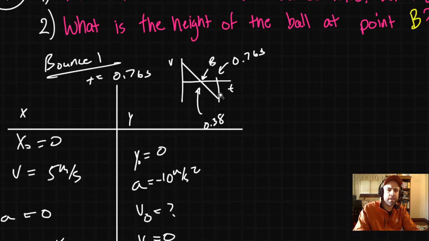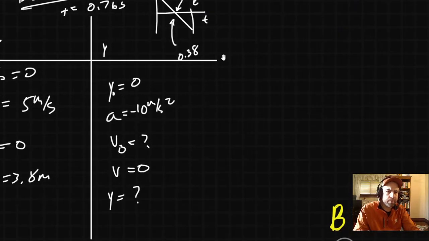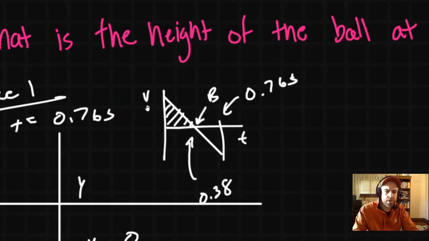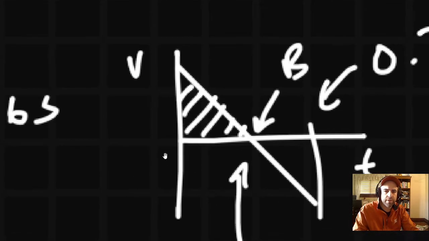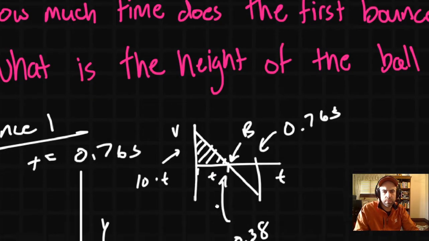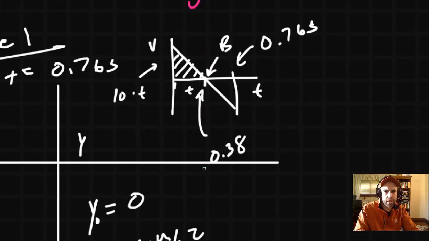So I'm going to do this one graphically. Graphically, I know that the area of this triangle will be the height of the ball. I also know that because this is gravitational, the height of this triangle is 10 times bigger than the width of this triangle. Well, I know the time, it's 0.38.